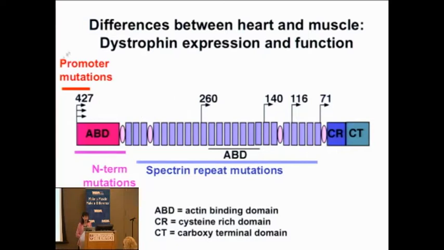You can have mutations in the genetic information that tells the gene to turn on, and sometimes we see those people actually have more heart involvement than muscle involvement, because it might be affecting the instructions to turn on the protein specifically in the heart instead of the muscle cells. We also see a lot of mutations here in the actin binding domain. I noticed that a lot of the patients that have heart involvement will have mutations here. And then more commonly, you'll see mutations in this mid portion of the molecule.